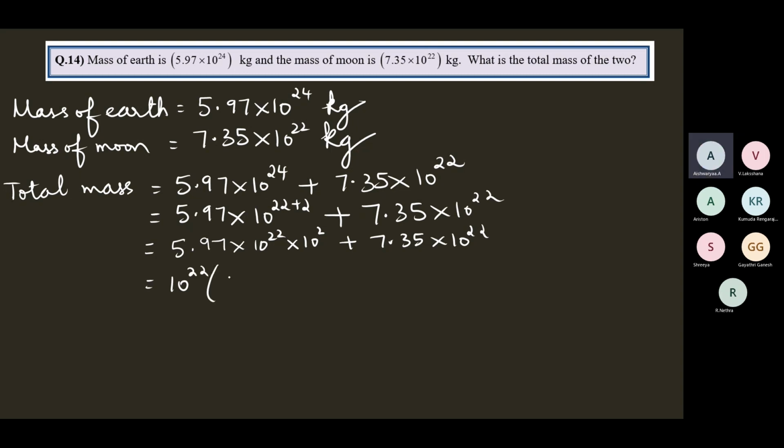Open brackets, 5.97 into 10 to the power 2 plus 7.35.